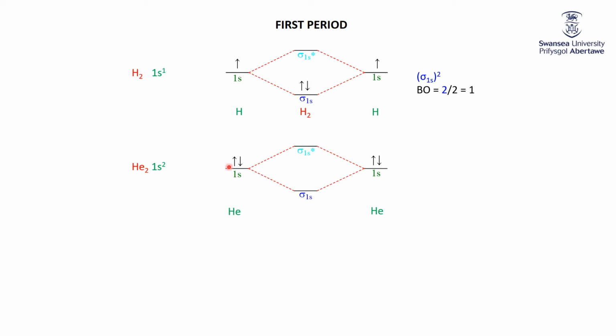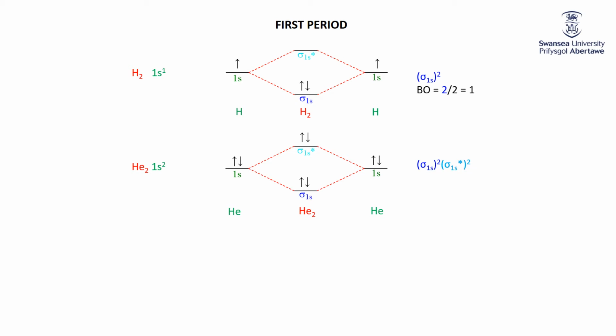Well, in He2, there would be 4 electrons. 2 electrons would go into the sigma 1s, but then 2 electrons would go into the sigma 1s star. For every bit of energy gain you make by using the bonding orbitals, that gets cancelled out by the anti-bonding orbitals. The electron configuration is sigma 1s2, sigma 1s star 2, 2 in the bonding, 2 in the anti-bonding.